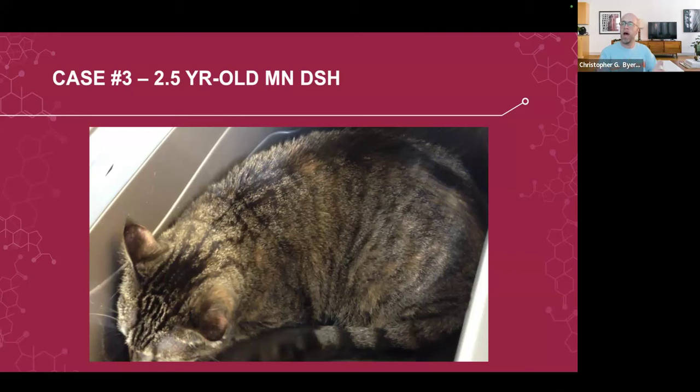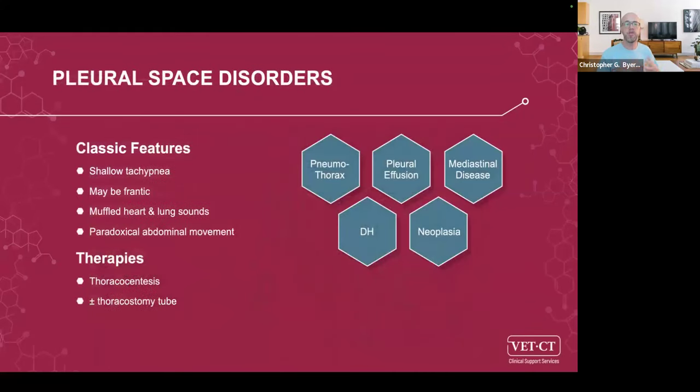But he has no palpable or visible chest wall injuries. And so when we're thinking about restrictive breathing patterns, fast, shallow breathing that's not involving the chest wall, this is where we should think about the pleural space, whether that is fluid accumulation or air accumulation or combination of both.